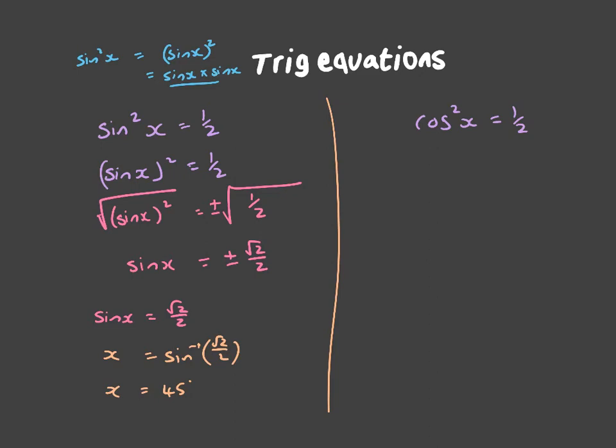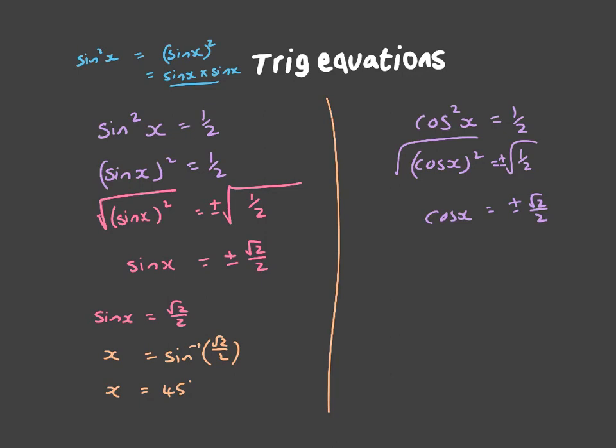The same story with cos. So if I've got cos squared x is equal to a half, that's the same as saying cos x all squared is equal to a half. How do I get rid of the square? I would square root on both sides, right? So cos x is equal to plus or minus the square root of a half, which is then root 2 over 2, or 1 over root 2, that's the same thing.